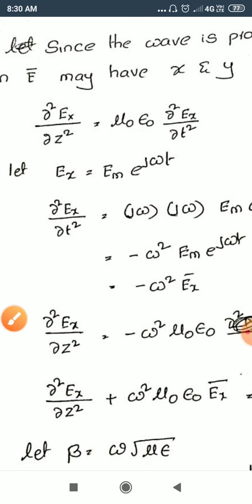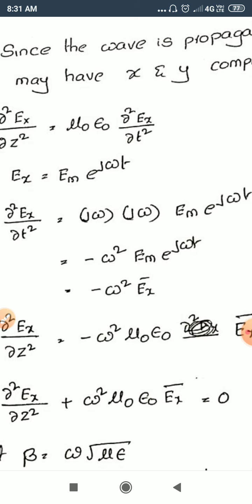In this, let Ex equal to Em e power j omega t. So dou square Ex by dou t square we have to find out, because Ex equals Em e power j omega t. By doing two times differentiation with respect to time, we get j omega whole square, which is minus omega square, Em e power j omega t.